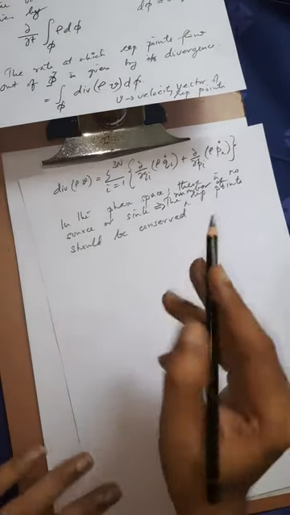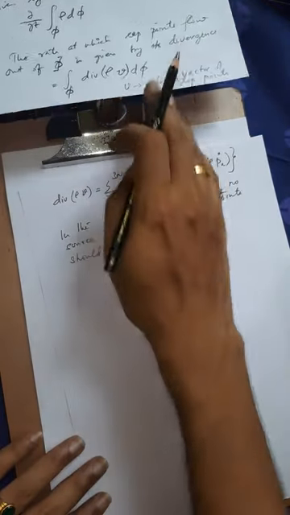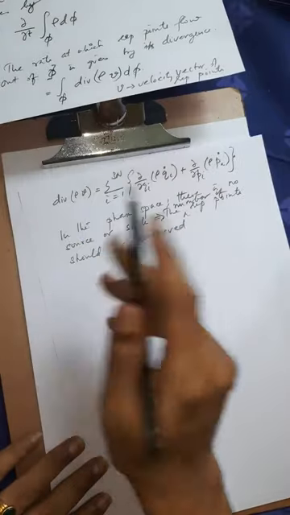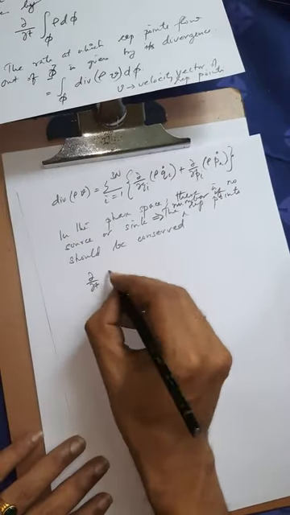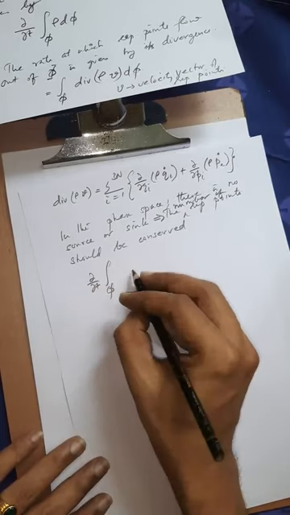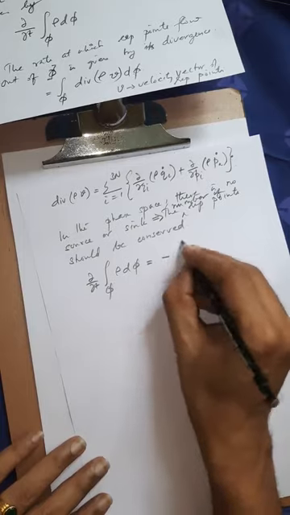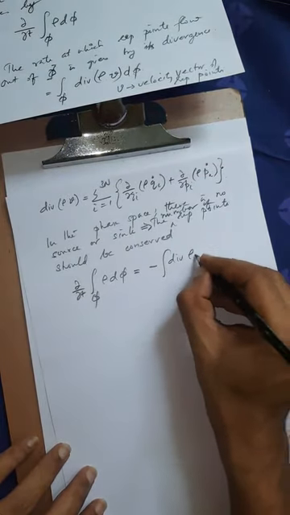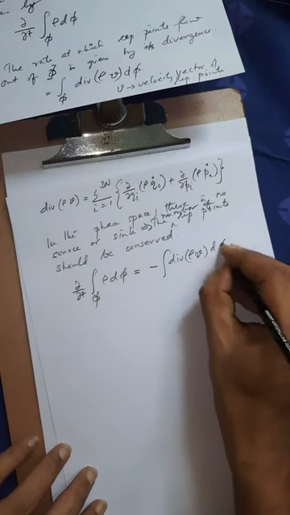So we can equate those two expressions, this one and this one. We will equate and we can write dou by dou t of integral over phi rho d phi is equal to minus integral div of rho v d phi.